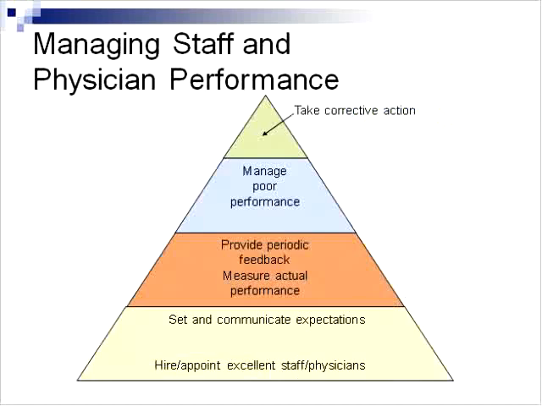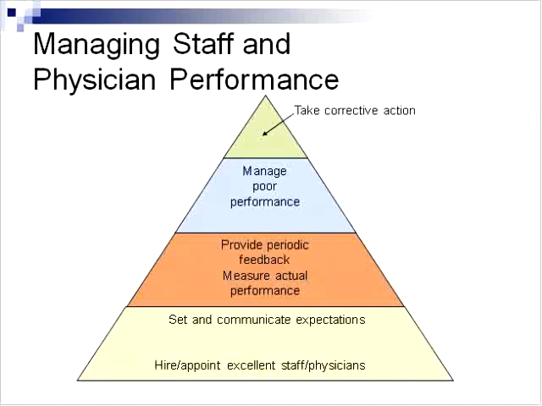What we have here is basically another pyramid, and really what would be a good flow for how to ensure that we do not have disruptive behavior in our facility. First, we want to hire excellent staff and appoint excellent physicians and make sure that the Code of Conduct is discussed as one of the points of hire and one of the points of staying as a member of your staff.